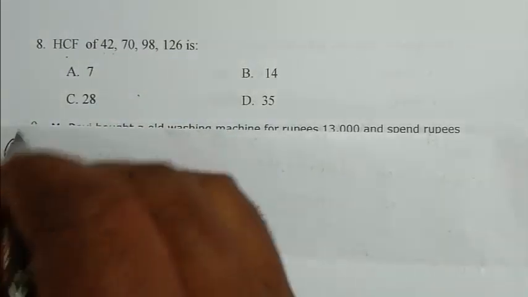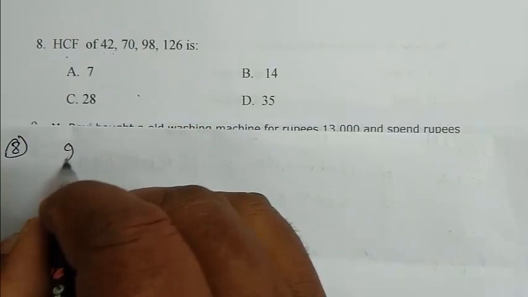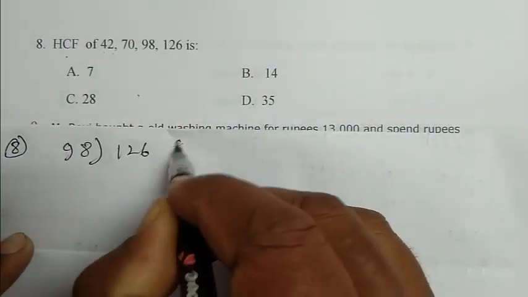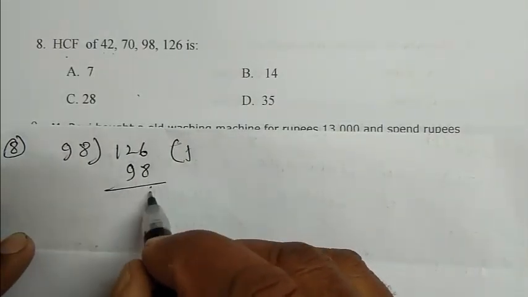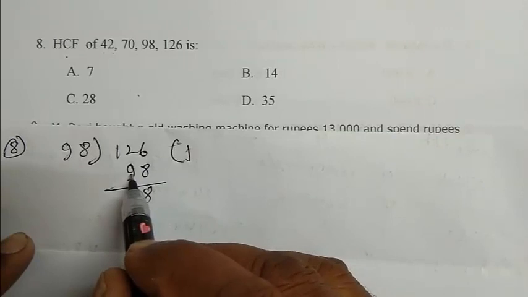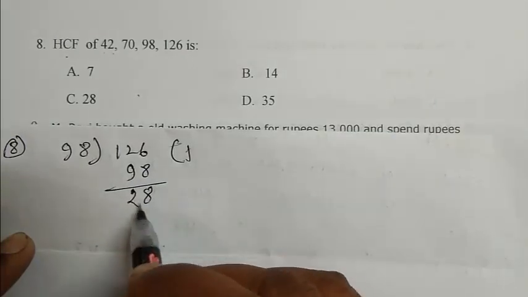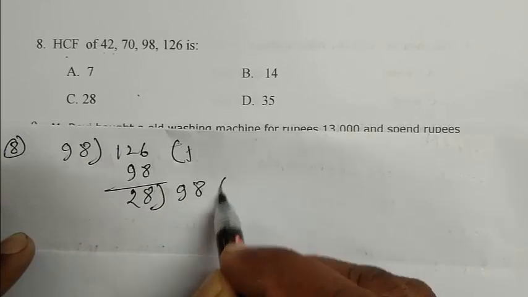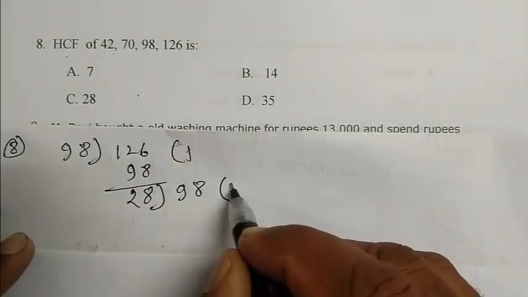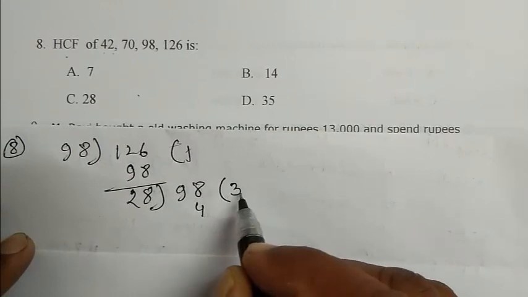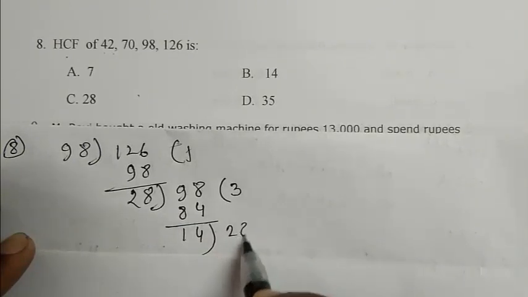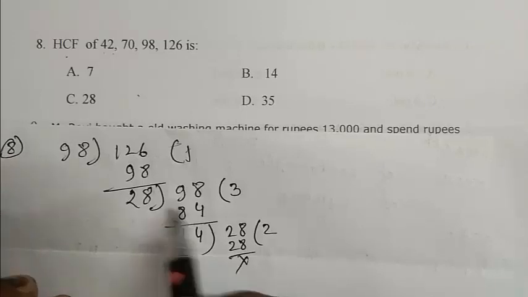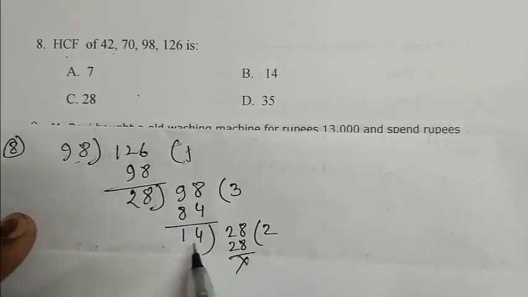We calculate HCF by the division method, starting with 98 and 126. The HCF of 98 and 126 is 14.